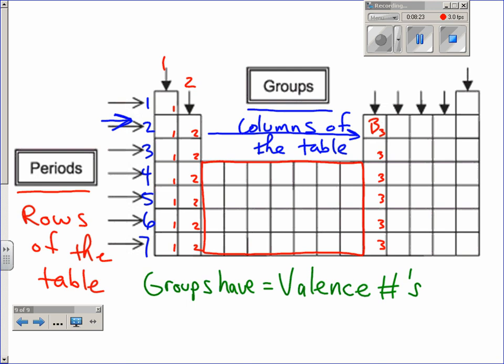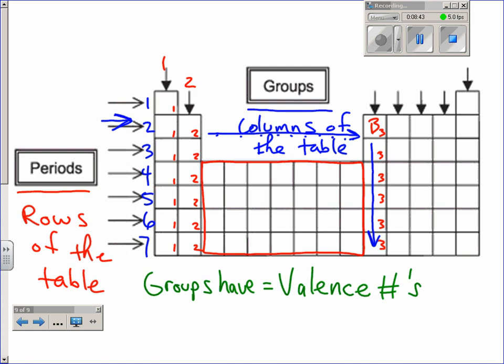And why did they skip all of these spaces across here? All of these spaces were skipped so that boron could be in the same group as the other elements that have 3 valence electrons.